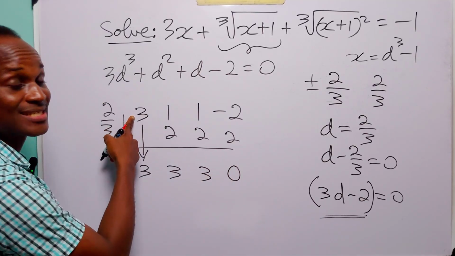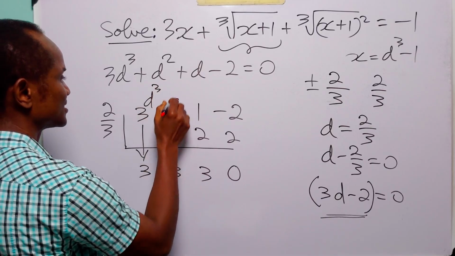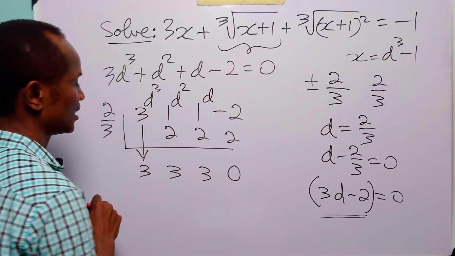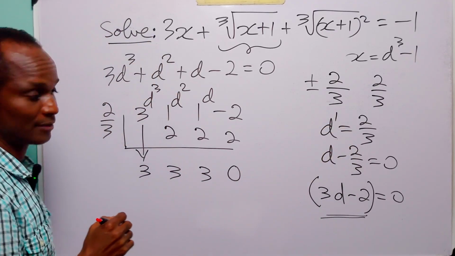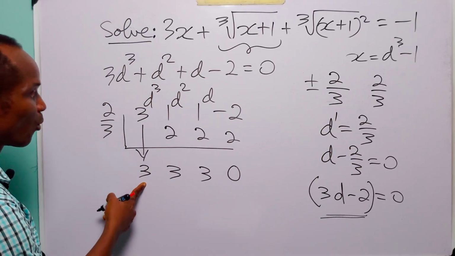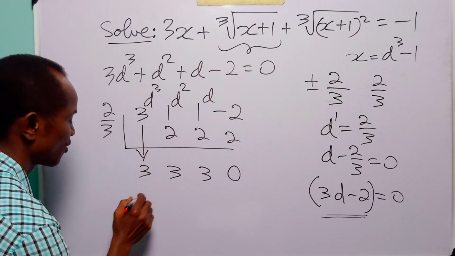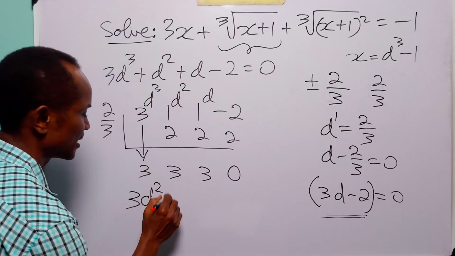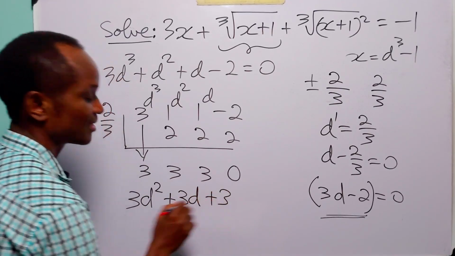Of course, you know that this is the coefficient of d cubed, this is the coefficient of d squared, and this is the coefficient of d. Since we divided by d to the power 1, the result is 1 degree less, so this is the coefficient of d squared. So this is 3d squared plus 3d plus 3.